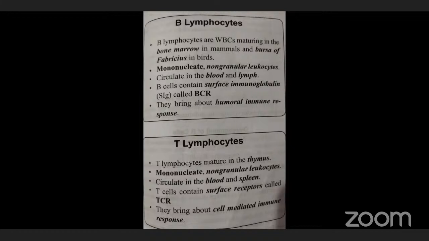Just now I told that NK means natural killer cells. They identify on their own, without any support. It is an independent identification, without any support of other cells. They can identify the cancer cells and viral infected cells.